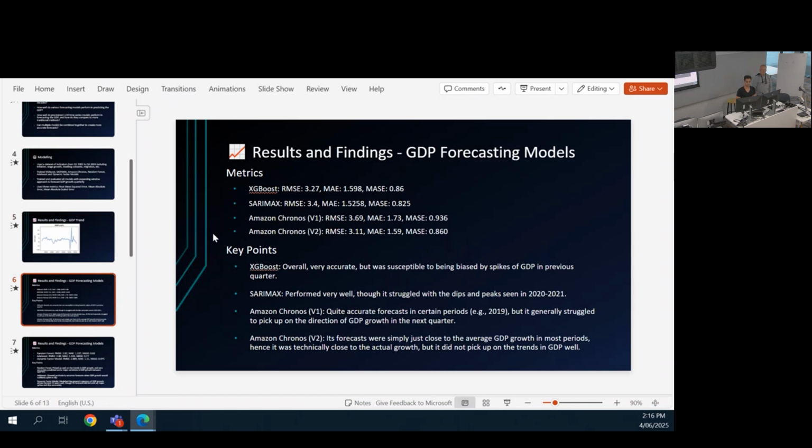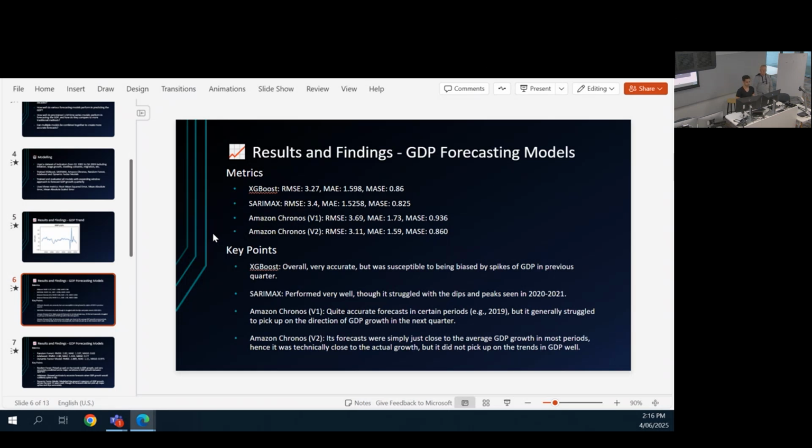In terms of our models, the XGBoost and SARIMAX models performed quite well. Of course, though, they struggled with the major dip seen during the COVID era. The Amazon Chronos models were a different story. We made 2 versions of the model, one which forecasted 1 quarter ahead and one which forecasted 2 quarters ahead.